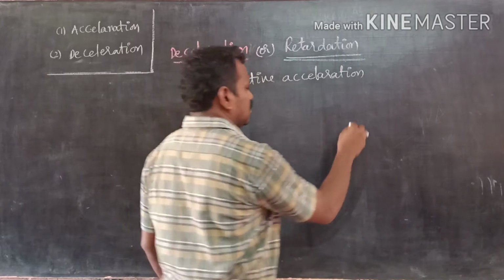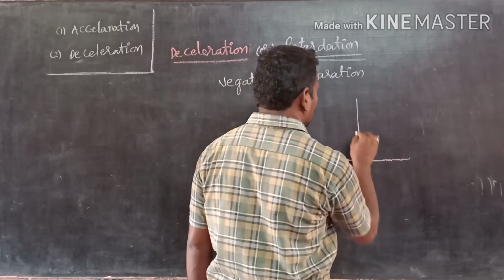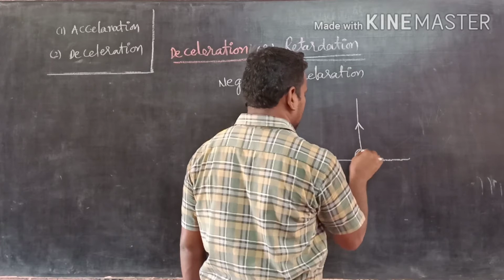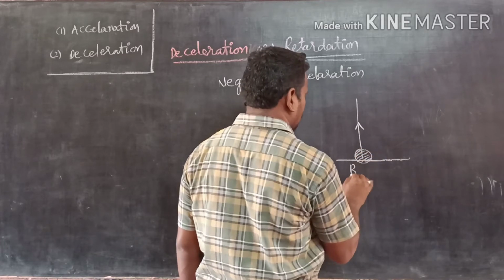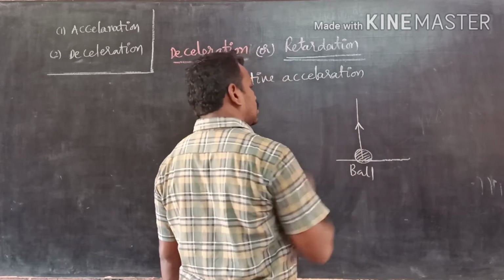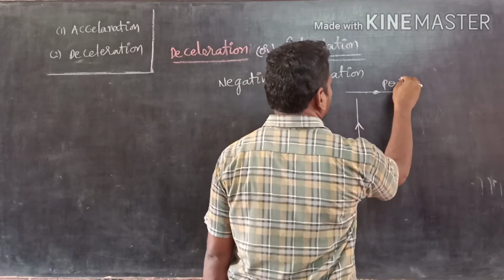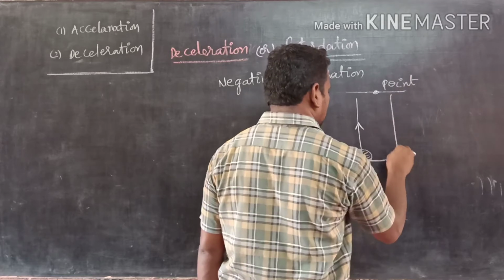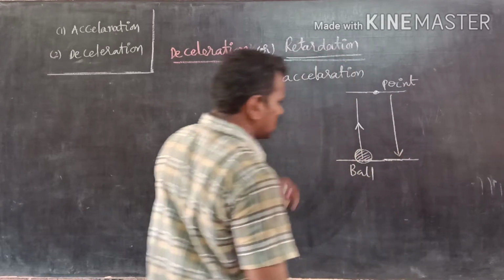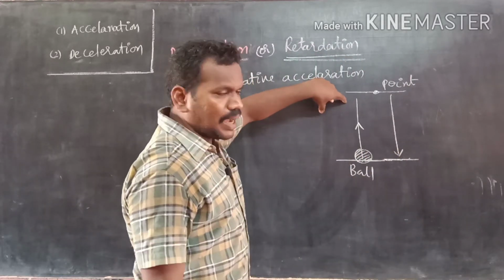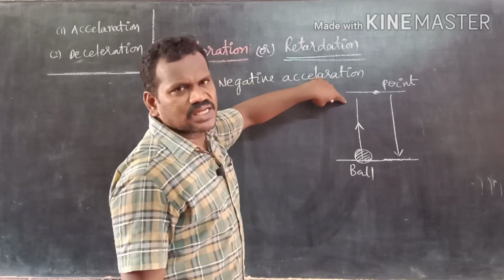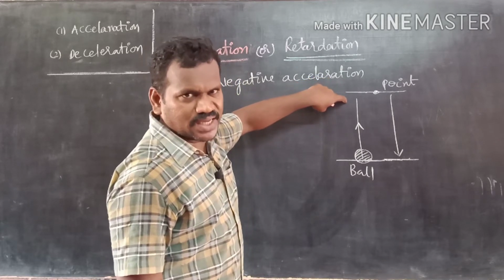For example, we threw the ball in the upward direction. We are considering this is the ball. Now, you threw the ball upward, it will reach a particular point. From that point onwards, it falls down again. The ball which is thrown up is called a vertically projected body.